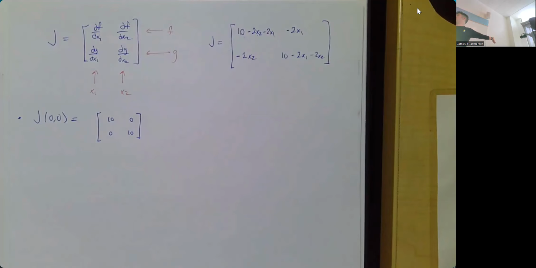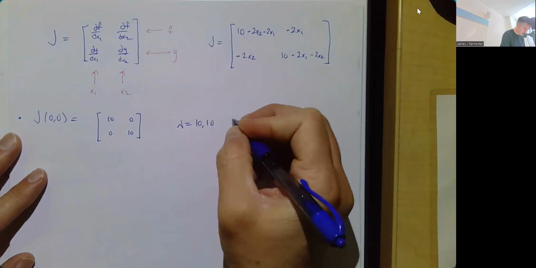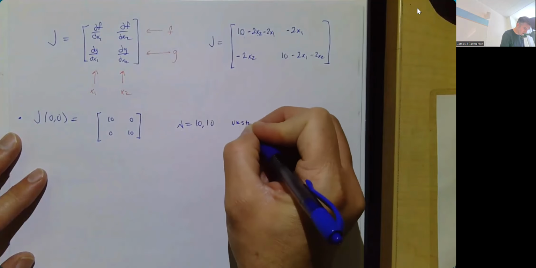What are my eigenvalues? 10 and 10. So what kind of thing do we have? Well, it's not a spiral because they're not imaginary. So it's either a stable node, an unstable node, or a saddle. Or if you like, a sink or a source or a saddle. It's an unstable node, right? My lambdas are positive, and so we have an unstable node.